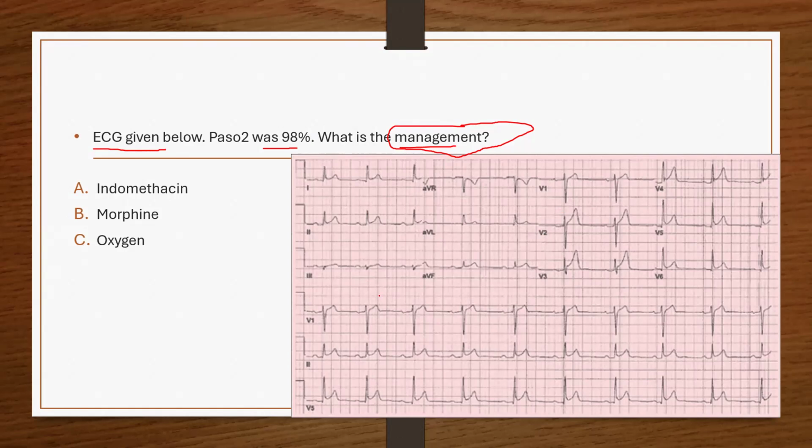When you take the rate, I hope all of you know that 300 divided by the number of larger squares is what we use to calculate the rate. So here the rate seems to be okay. Then check whether the ECG is in sinus rhythm or whether there's any arrhythmia. How do you check that? If each P wave is followed by a QRS complex, you know the ECG is in sinus rhythm.